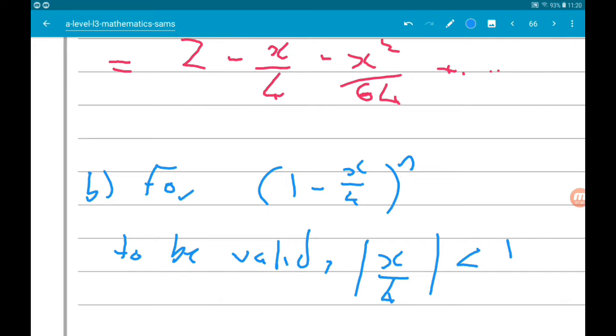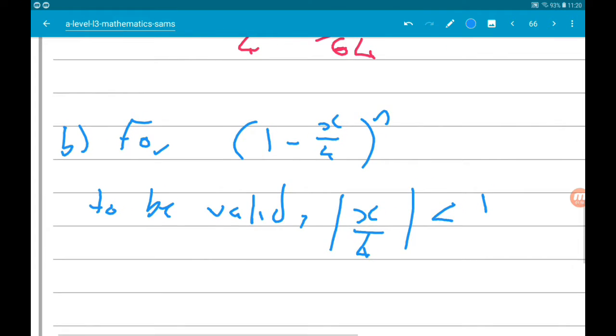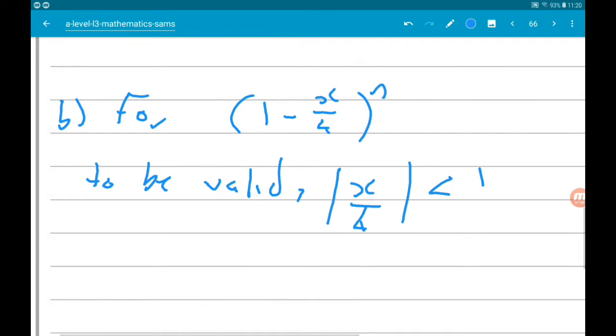Now, we can take that 4 out of the modulus because it's just a constant. So that means that 1/4 the modulus of x is less than 1.